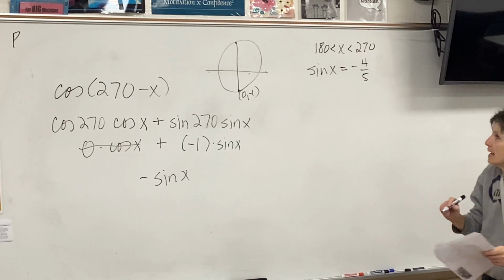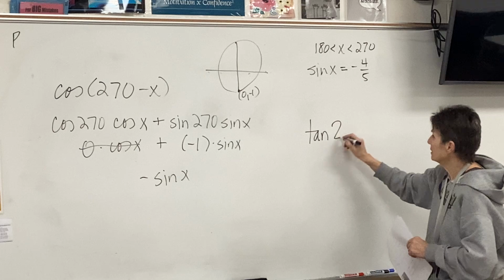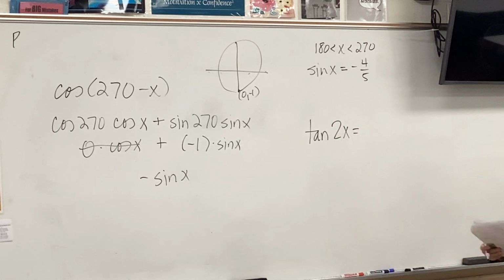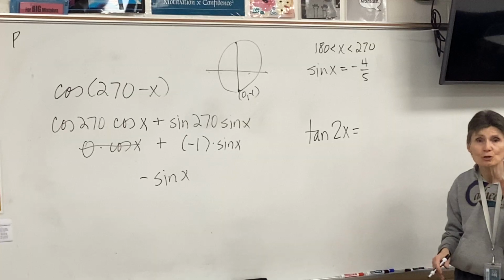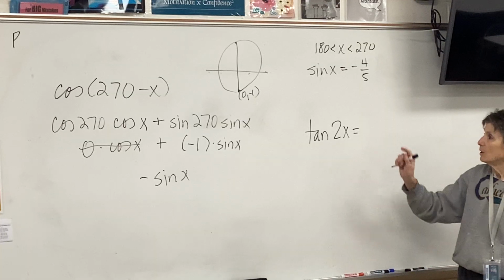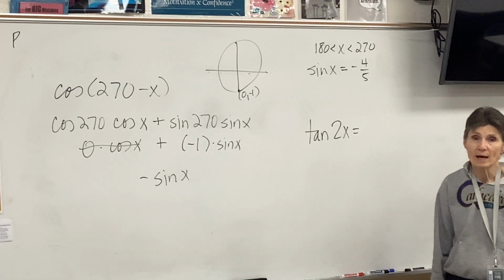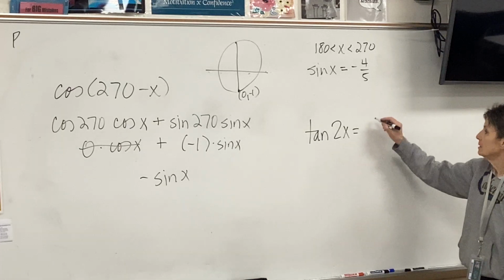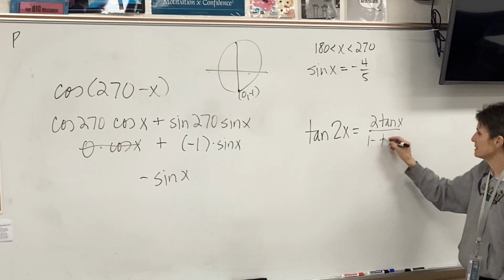And I am going to find the tangent of 2x. Please do not make this hard. It is super simple. What is the formula for tan 2x? 2 tan over 1 minus tan squared.